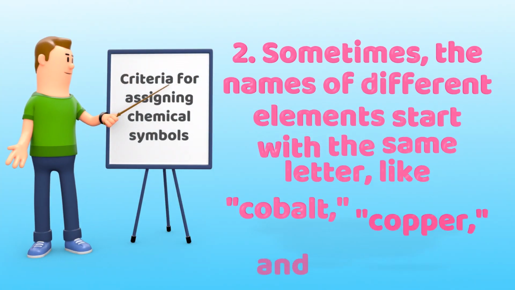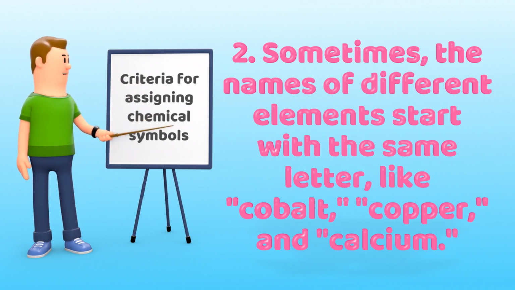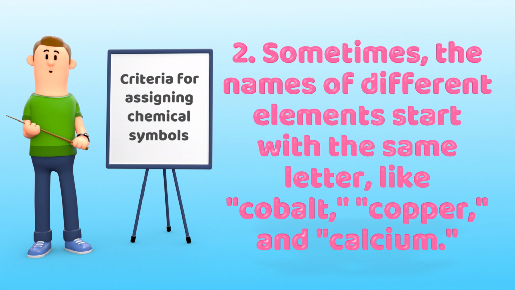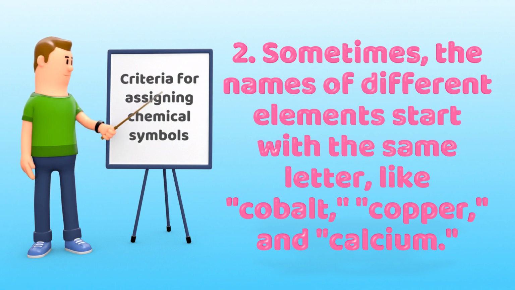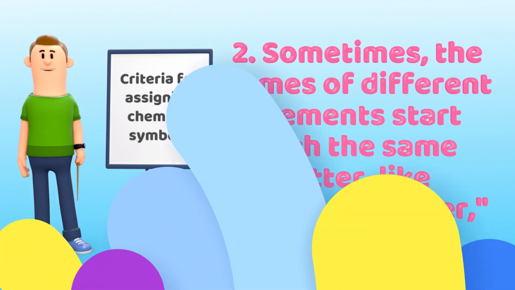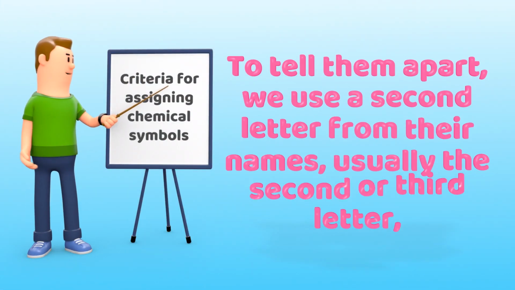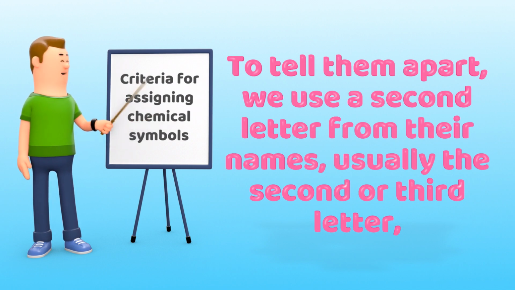Let's now see the second criterion. Sometimes the names of different elements start with the same first letter, such as cobalt, copper, calcium. So, if we use the same first letter, we will create confusion.